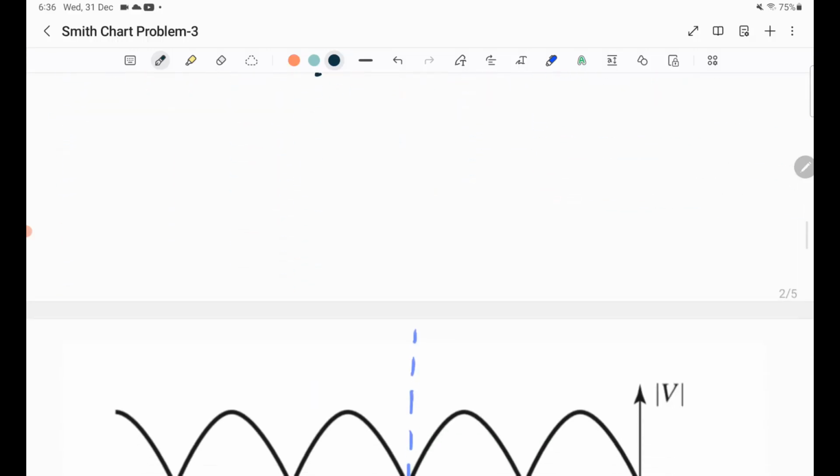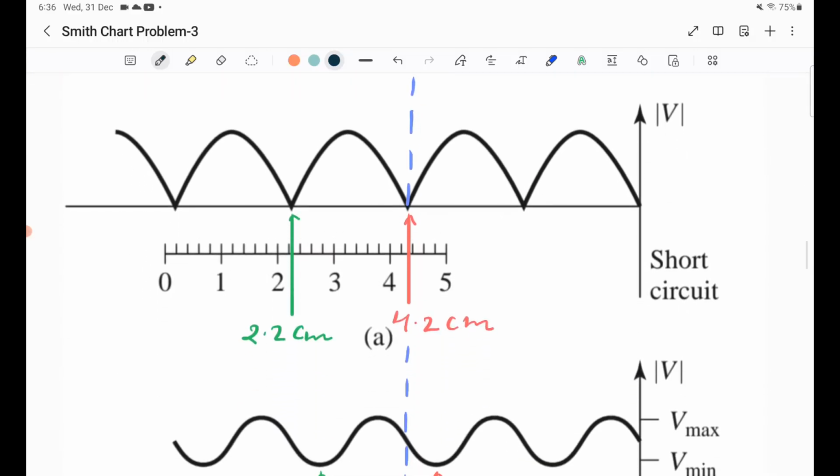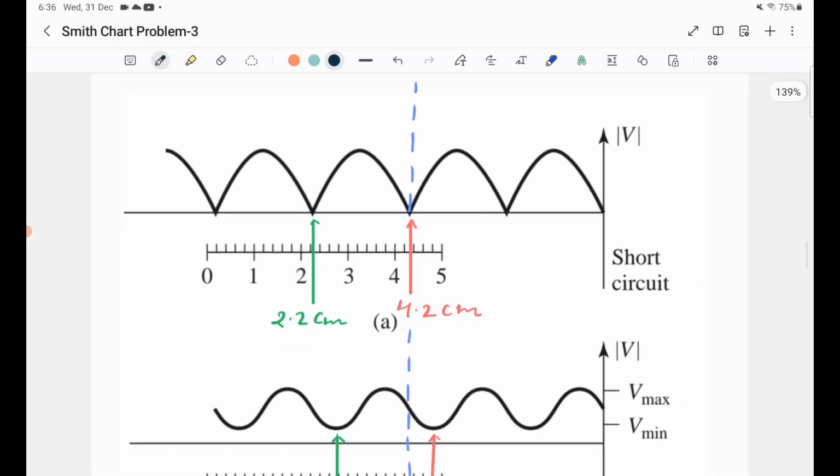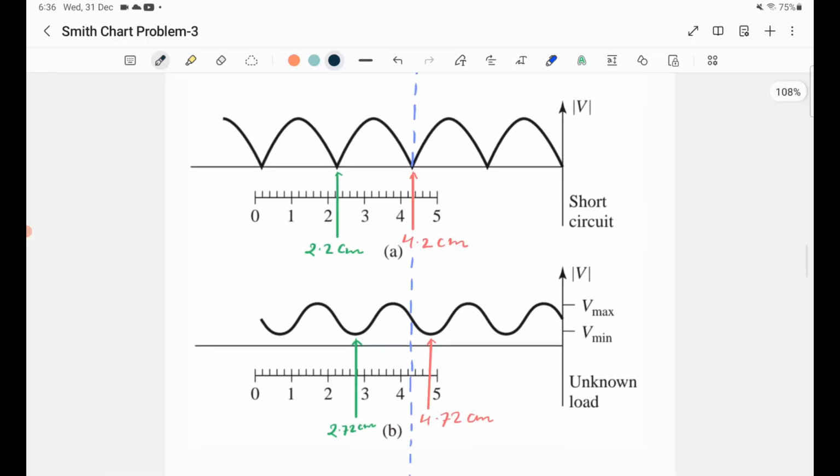Alright, now if you see this diagram, this is the most important point. This is the most important part of this problem. Now whenever the short circuit is placed at this point, we find that the voltage minima are occurring at these positions.